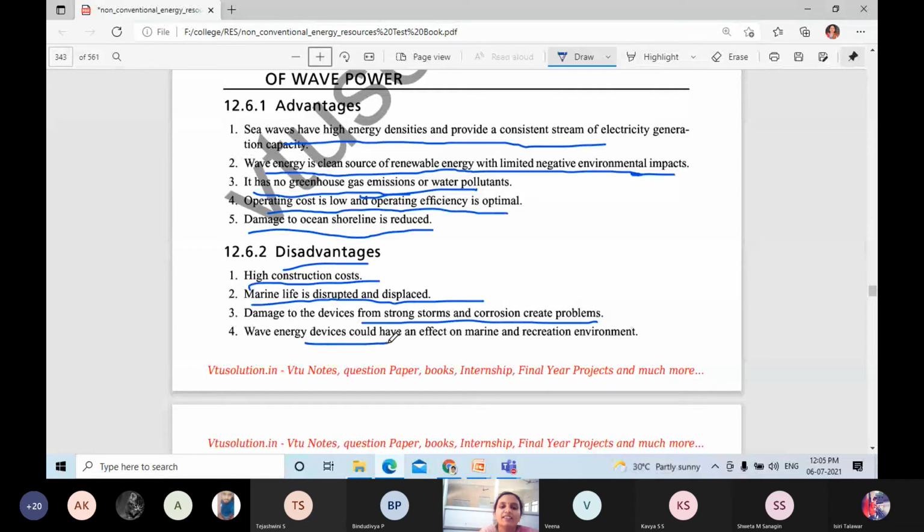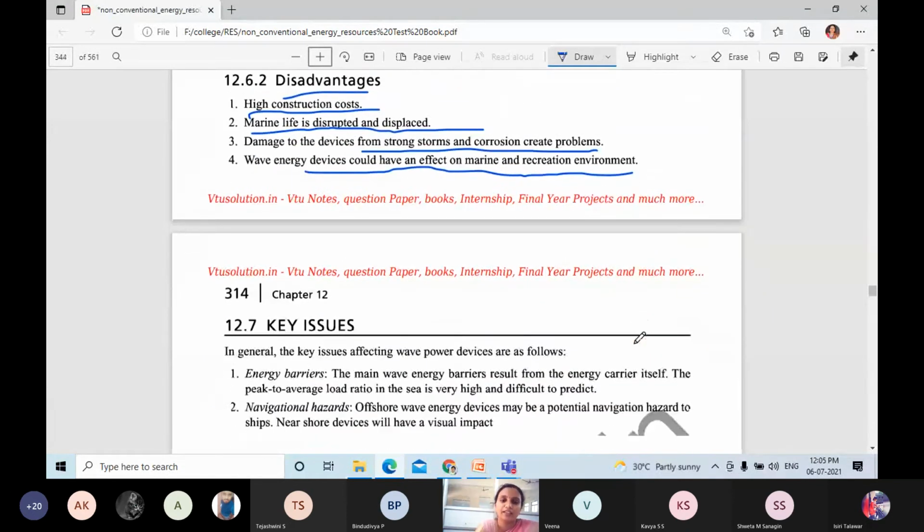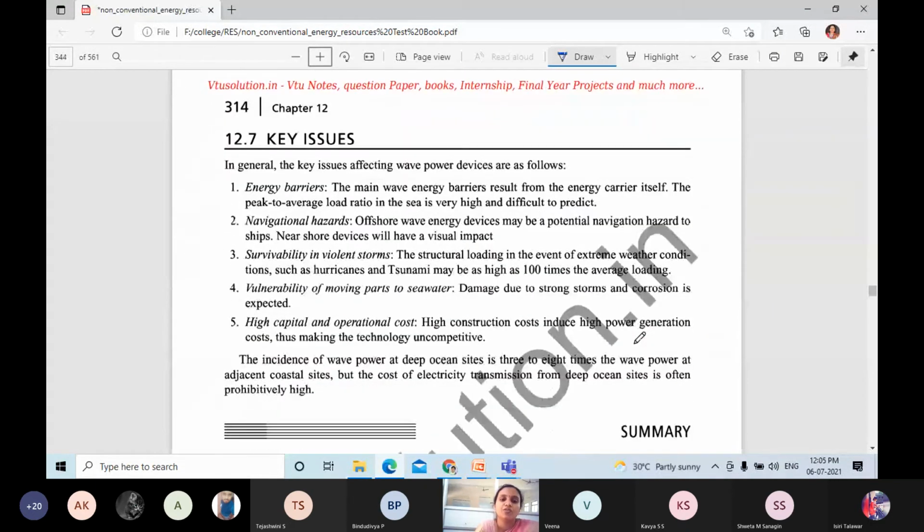Wave energy devices could have an effect on the marine and recreation environment. It may affect the aquatic life under the ocean, and the recreation environment.